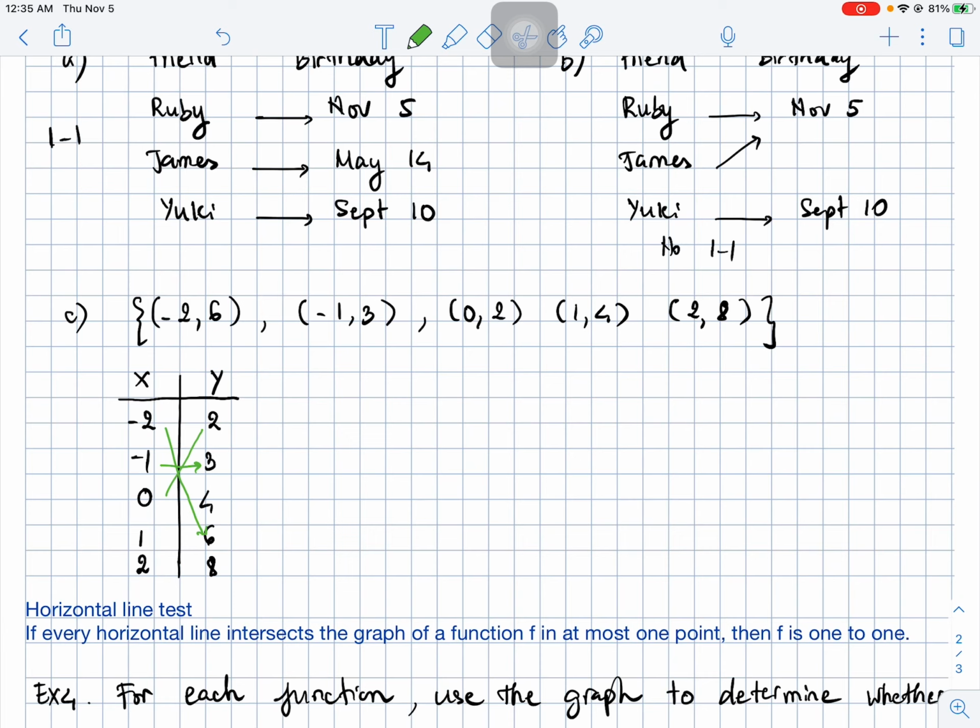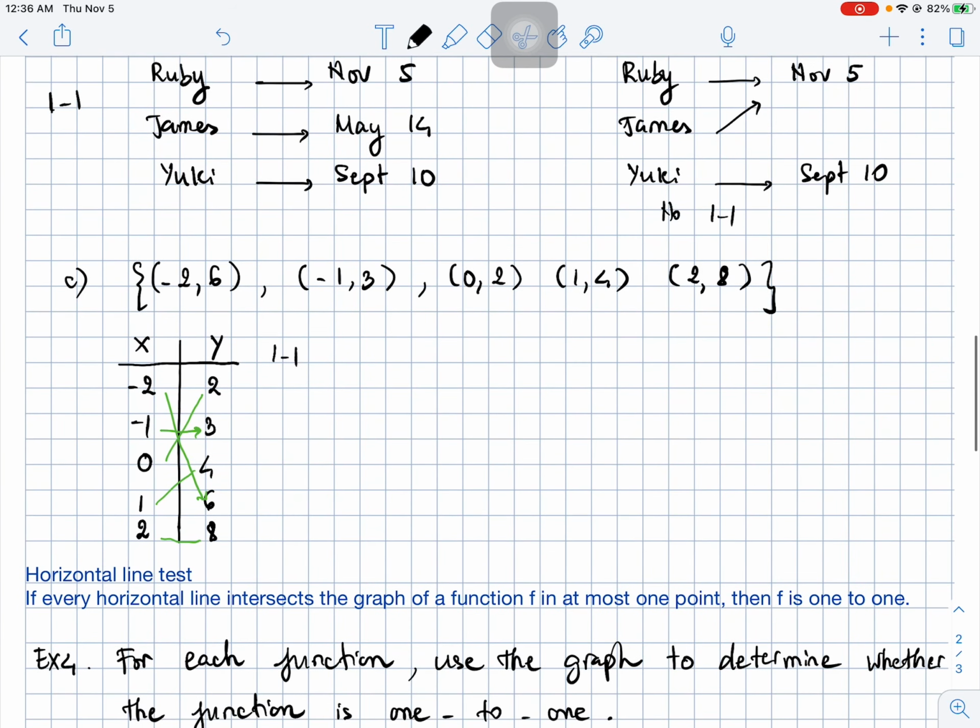And then 1 gives 4, and then 2 gives 8. So they're all different. Different friends, different outputs, different birthdays. So the last one is one-to-one.